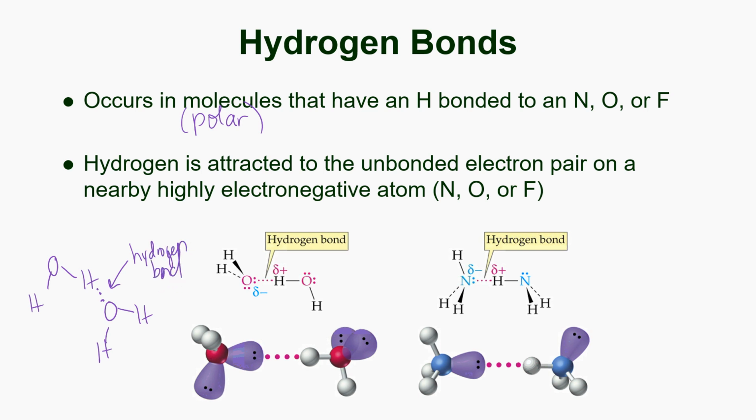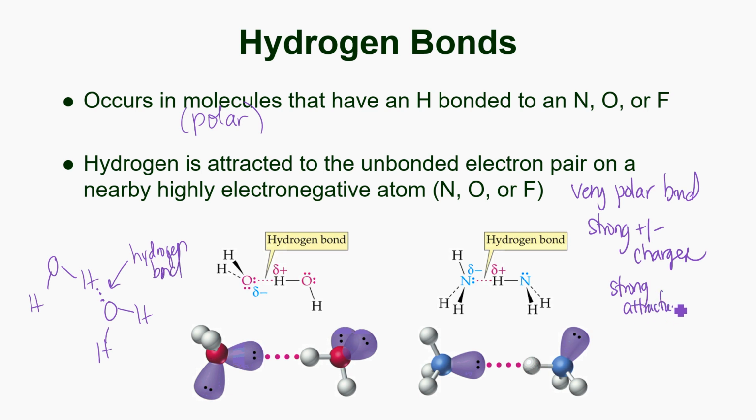The reason this hydrogen bond is so strong is that the H-O bond, and the H-F and H-N bonds, are very polar. So you end up with strong positive and negative charges within that molecule, and a strong attraction between those molecules.